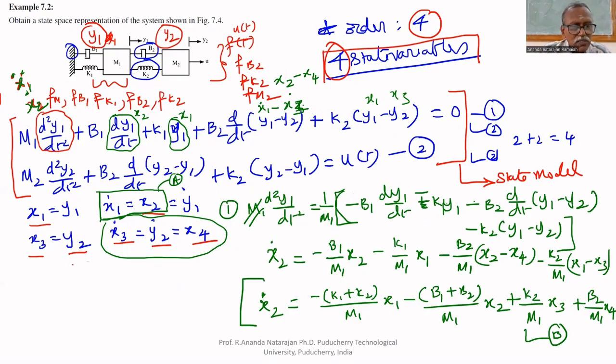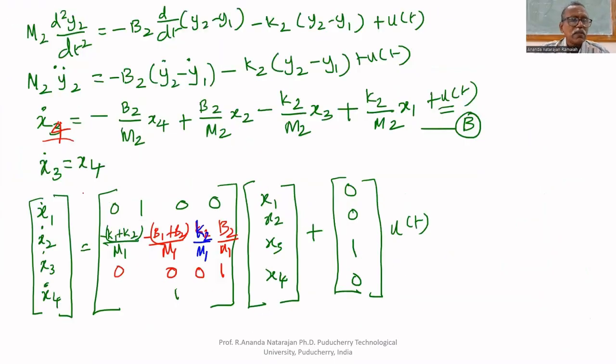Sorry, therefore x4 dot, we have to find. x3 dot equal to x4 and x4 dot equal to this.